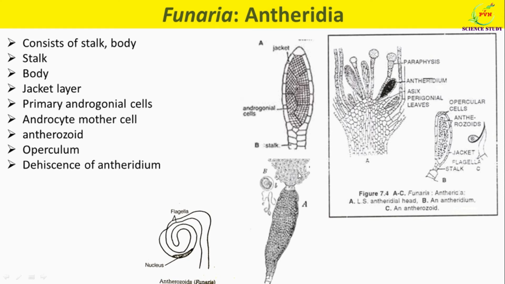Eventually, vesicles dissolve to set free the sperms in the surrounding medium. As you can see here, the sperm or antherozoid of Funaria is an elongated, spirally coiled haploid body with two flagella at the anterior end. So this is regarding antheridia of Funaria.